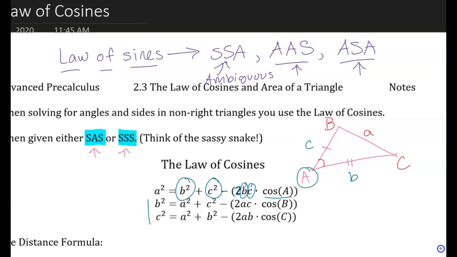These other two formulas here are the exact same thing, just with a different arrangement of letters. All that you need to remember is if you're trying to find a side length, you add the other two side lengths squared, minus 2 times those side lengths multiplied together times cosine of the angle they gave you.